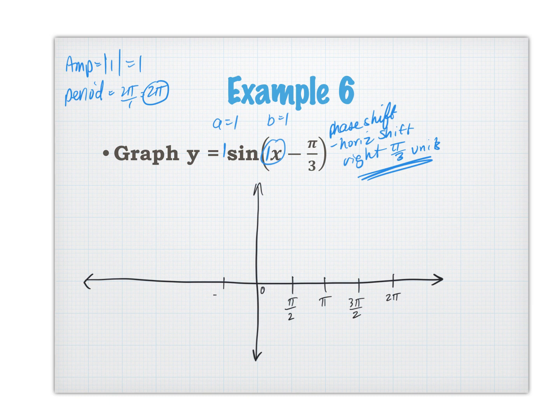And the same thing here: negative pi over 2, negative pi, negative 3 pi over 2, and negative 2 pi. Those are our basic coordinates, and we know that our shift is pi over 3. We're going to the right, so we're adding pi over 3 to all of our coordinates. That's how we're going to identify the new locations for our points.